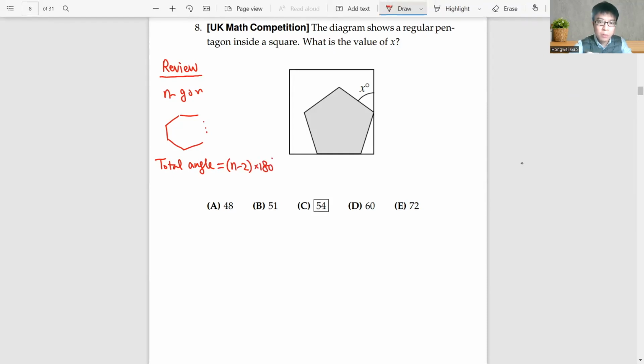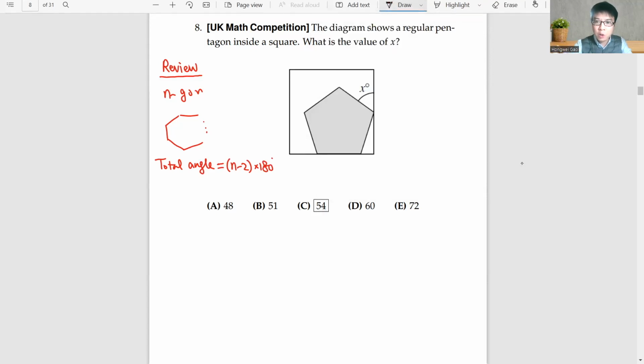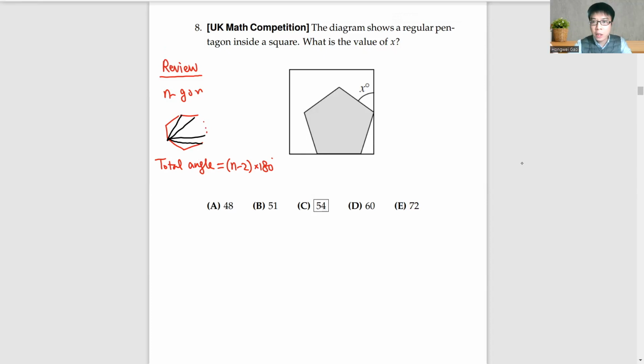The idea is that this polygon can be split into n minus 2 triangles. That's why the total angle is n minus 2 times 180.